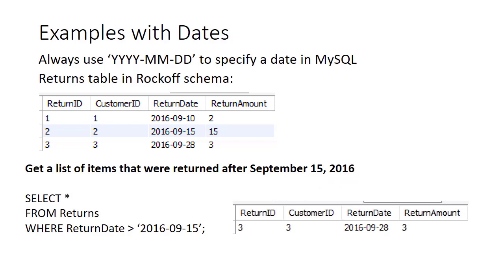So we're going to select all fields from the returns table, and here we're going to write this as return date greater than '2016-09-15'. And you see we have one result, the return on September 28th.